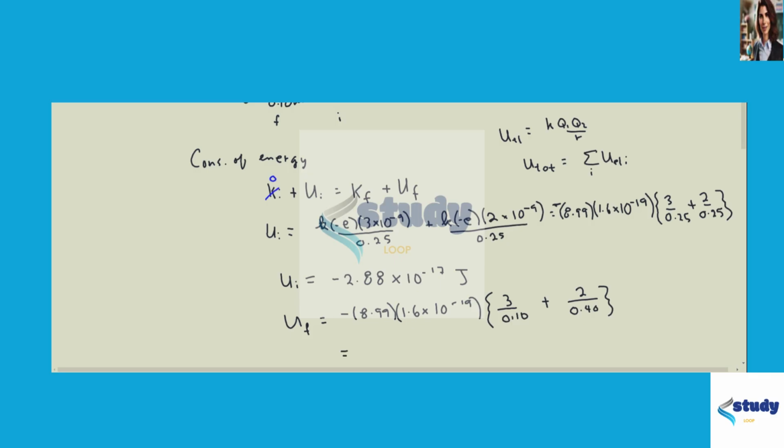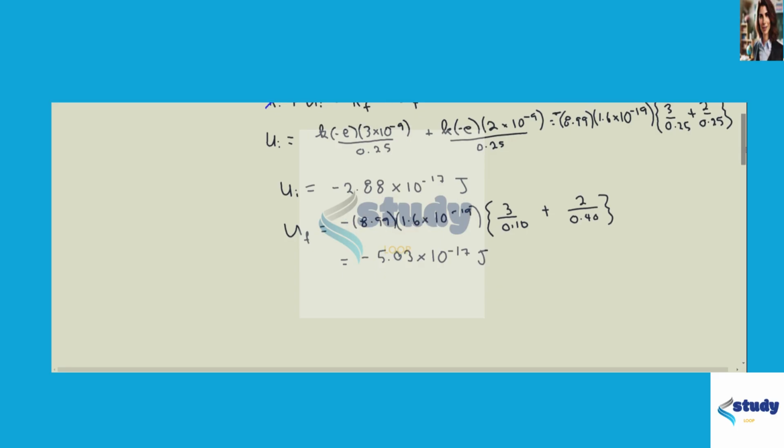So we should have a more negative number. If we don't, we're doing something wrong and it's time to rethink. And yes, we do get a lower potential energy to end with, which means that some of the energy got converted to kinetic.